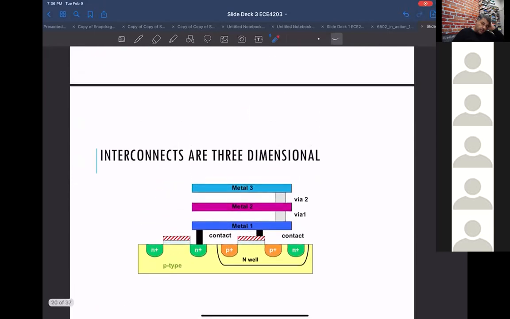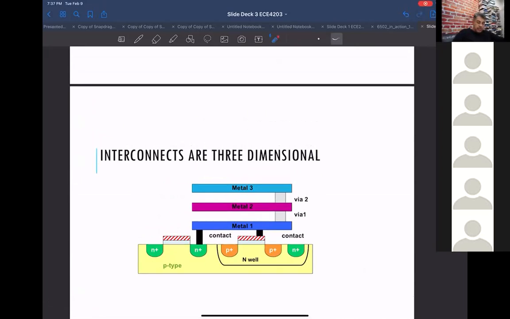The transistors are planar in the sense that you can't stack up transistors. They're just N's or P's, and the only way they can live is on the same plane. They just have to be next to each other.